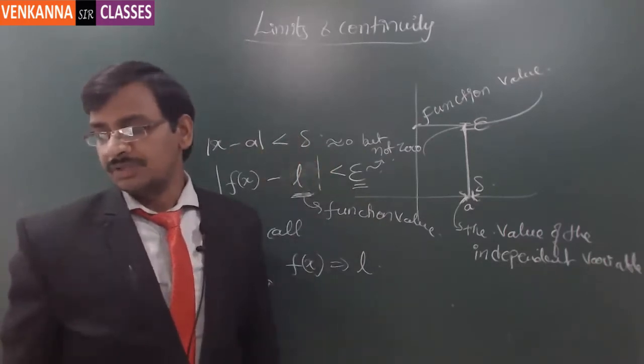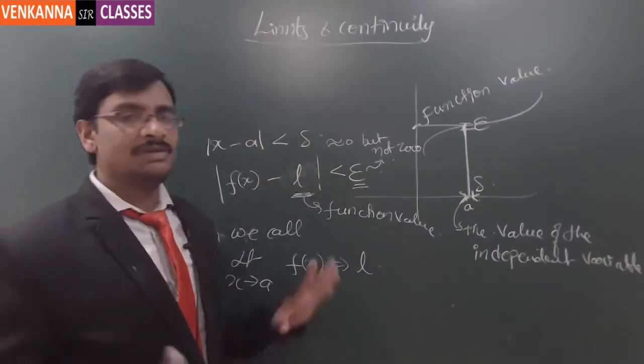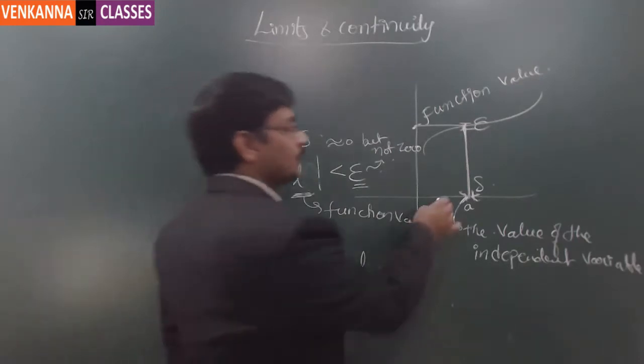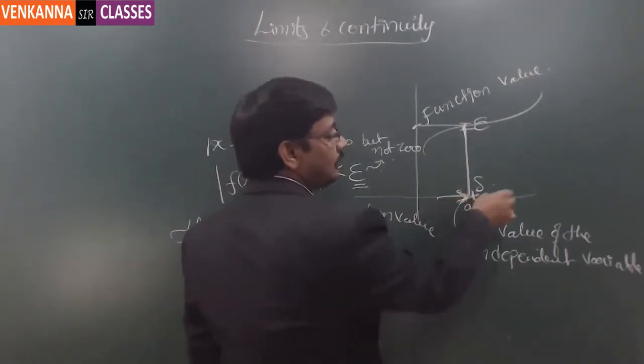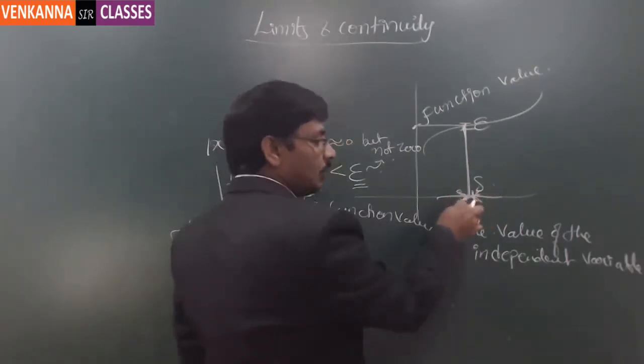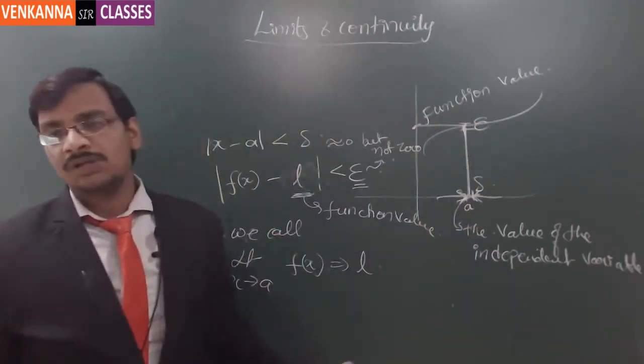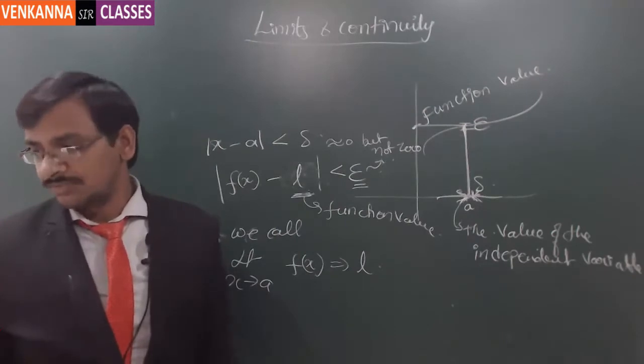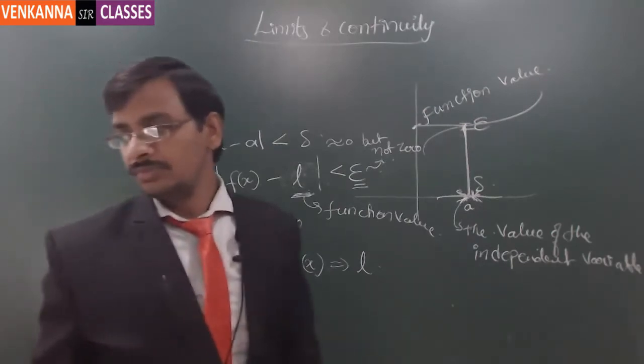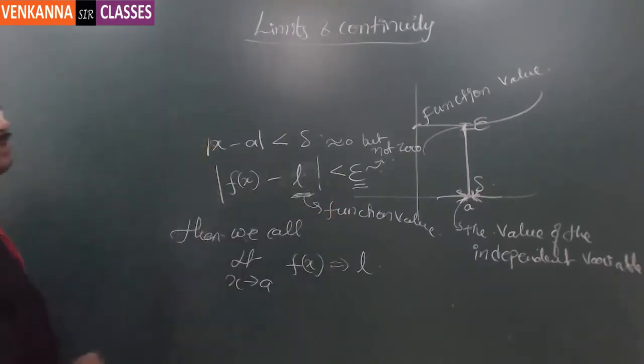Got it or not? Physically, if you simplify this discussion, if you are approaching from the left side and from the right side, in both cases, if you are approaching a specified value of y, that's what we define as the limit. That is as simple as that. Got it? So in both cases, the value has to be the same.